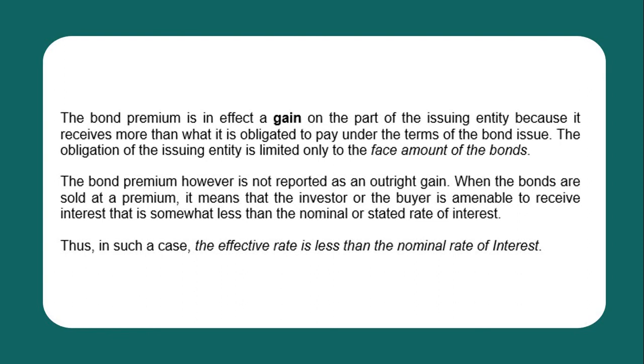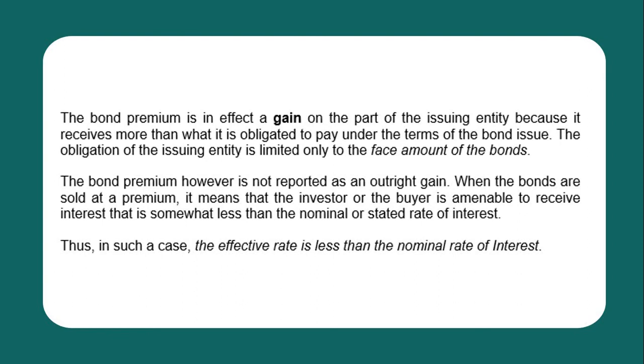Now, later on, if we are going to amortize this premium, we will be using an effective rate. Okay? So, ang effective rate daw pag premium class is less than the nominal rate. So, timana na siya ha. Pag premium, ang effective rate is less than the nominal rate. Why less than ang effective rate kaysa sa nominal rate?